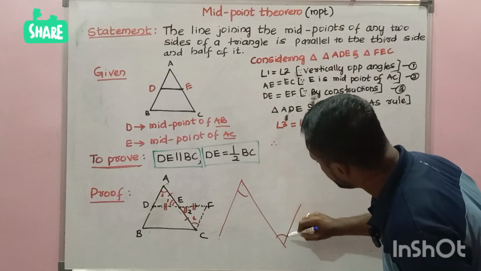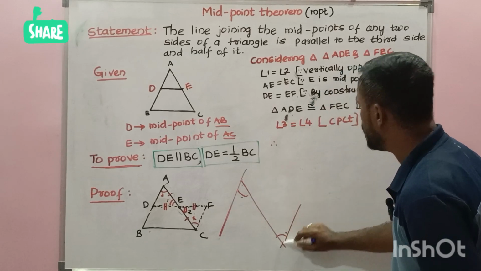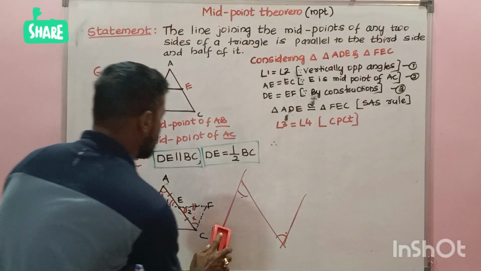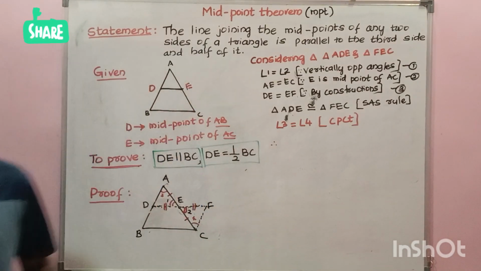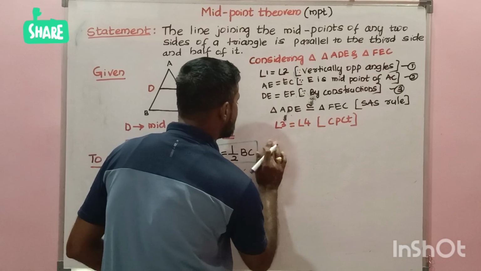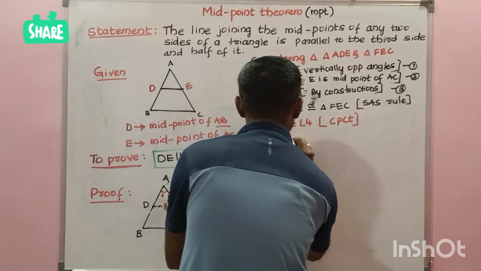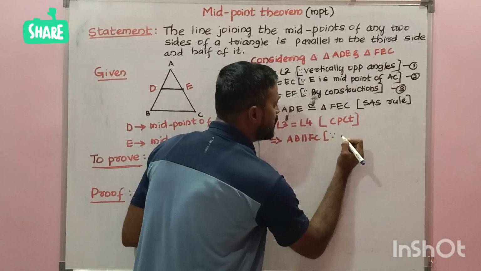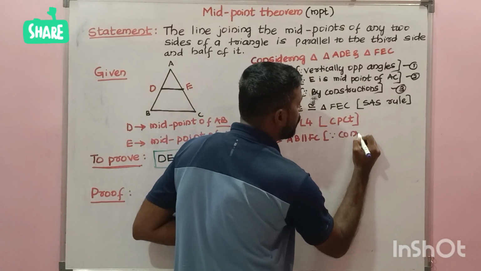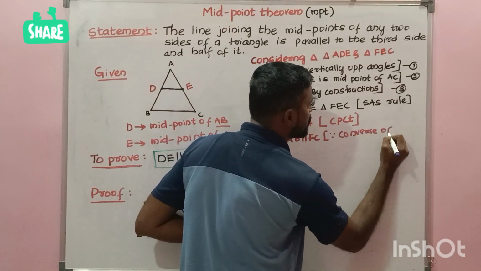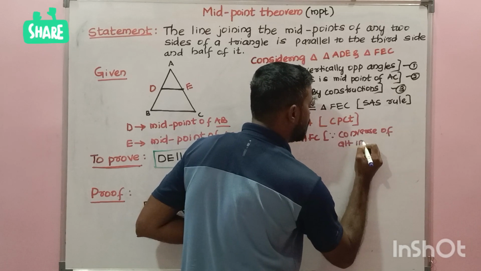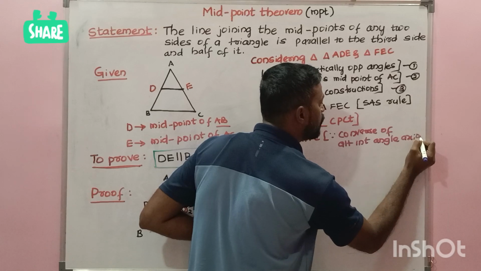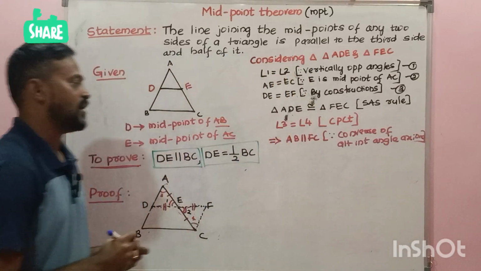If these two angles are equal, the lines must be parallel, by the converse of the alternate interior angle axiom. Which implies AB is parallel to FC, by the converse of the alternate interior angle axiom.